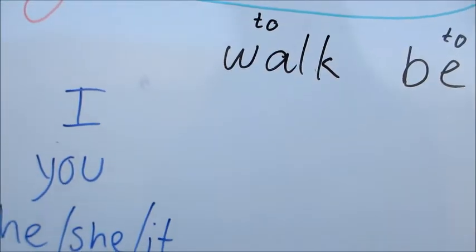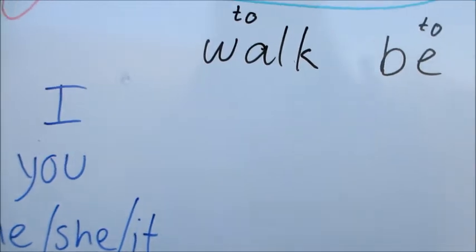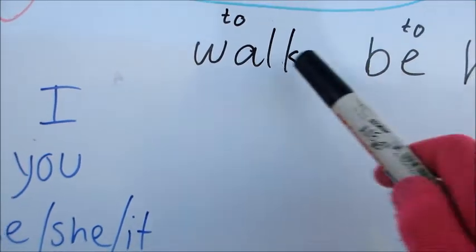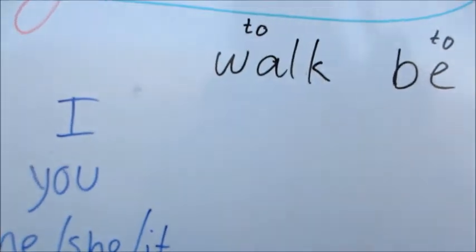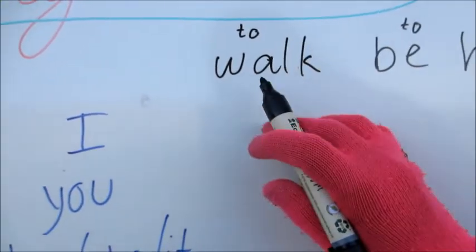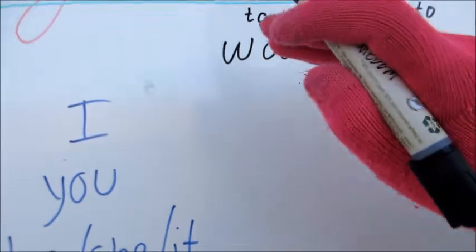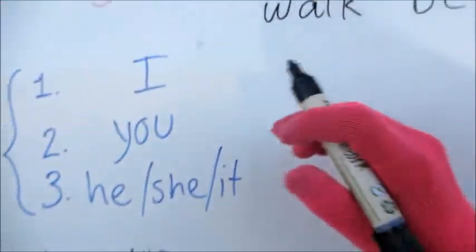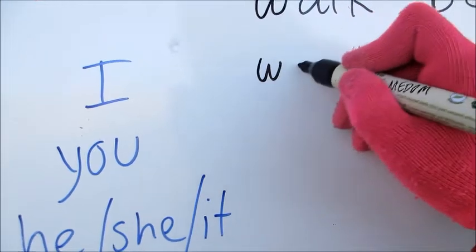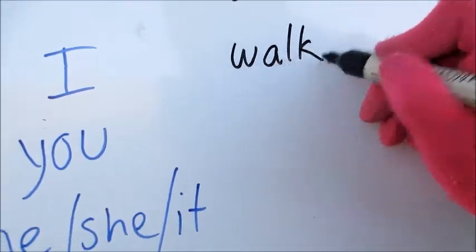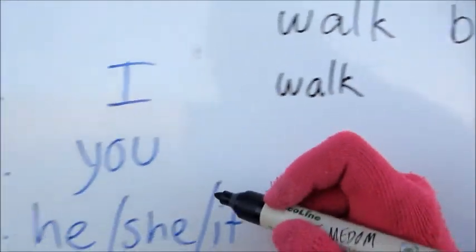And to walk is conjugated in a normal way. So first we have the normal form here, to walk. And this one we actually use in almost all of them, except one. So, I walk. See, it's the same.